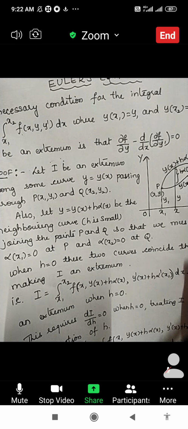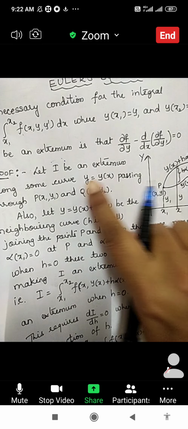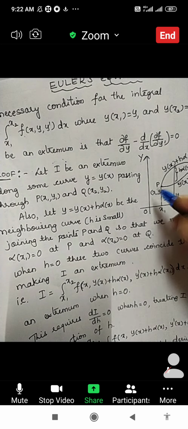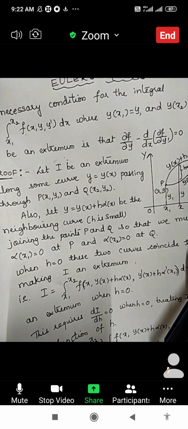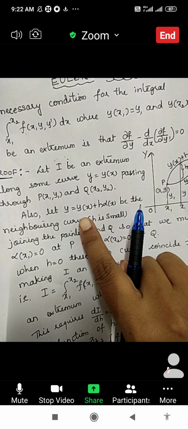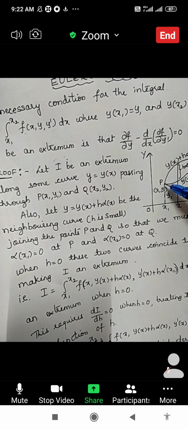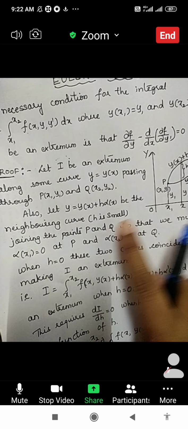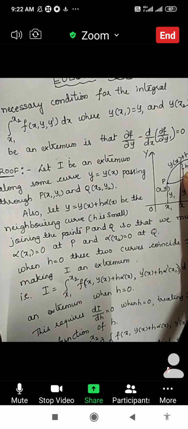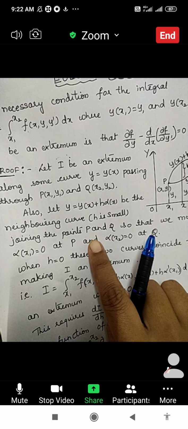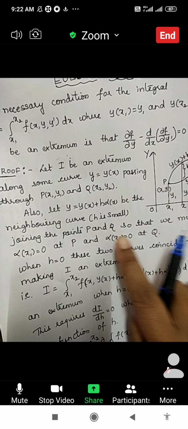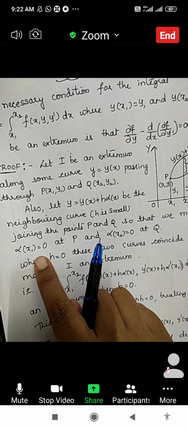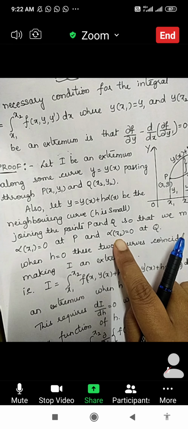Concentrate, it's not difficult. So suppose I be an extremum along some curve y of x passing through the points p and q. Let y equal to y of x plus h into alpha of x be the neighboring curve, where we are going to take h as small quantity joining the same points p and q, with the condition that alpha of x1 is 0 at p and alpha of x2 is 0 at q.